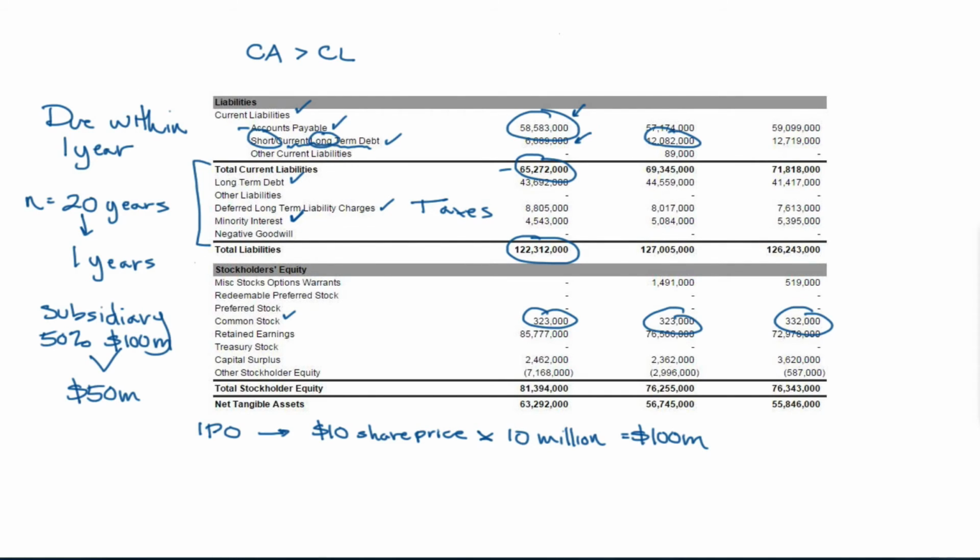Notice it doesn't really change because this figure does not fluctuate based upon what the stock market does. On a daily basis, stocks fluctuate in value pretty significantly. This number doesn't change. It's only the issue price of the share. But notice that from 2013 to 2014 we have less common stock.